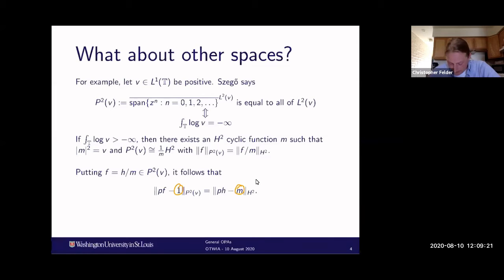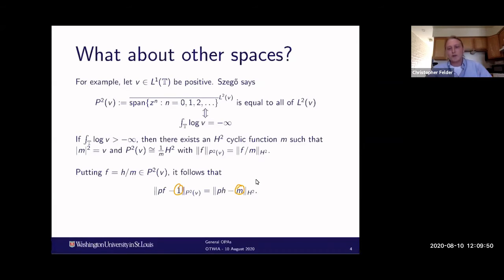So this is one motivation for wanting to replace, say, this function 1 by some other cyclic function, say M. Okay, and you might think, well, we know the story of cyclicity in H2, so we should know the story of cyclicity in P2, and my answer to that would be touché, you're correct.